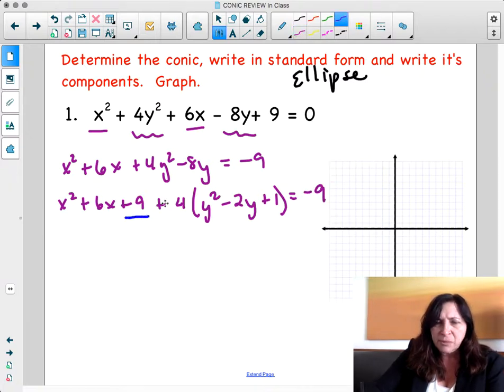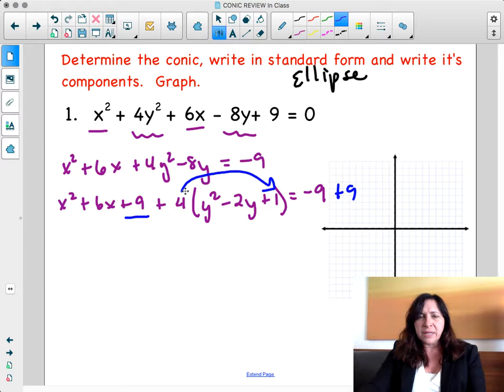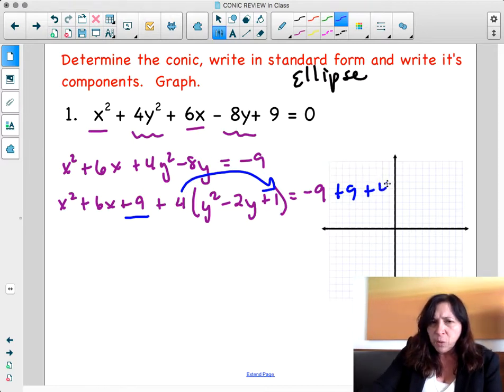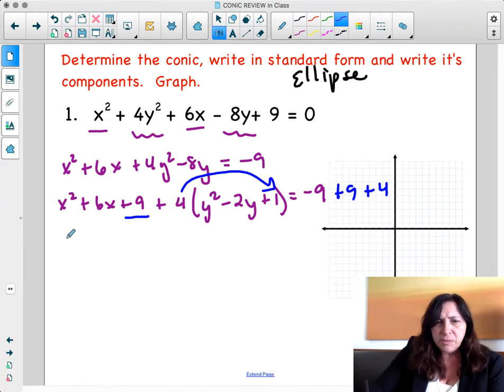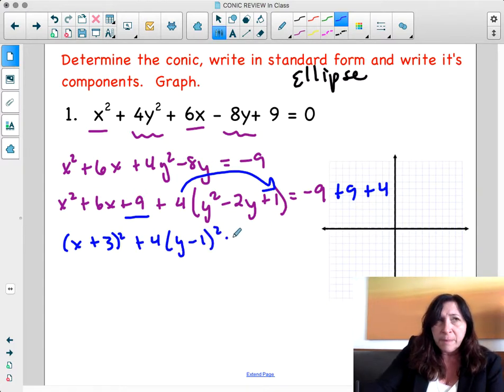See how I added this plus 9? So that goes there. And see how I added this 4 times 1? Even though I temporarily pulled that out, I have to put that back in. So this is going to be plus 4. Factoring, it looks like x plus 3 quantity squared plus 4 times the quantity y minus 1 quantity squared is equal to 4.